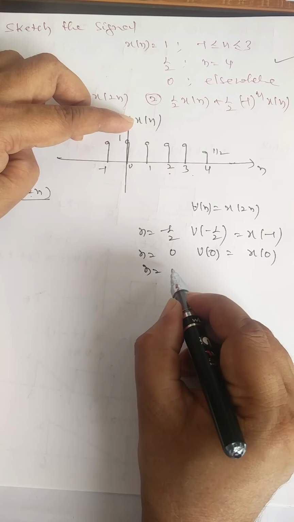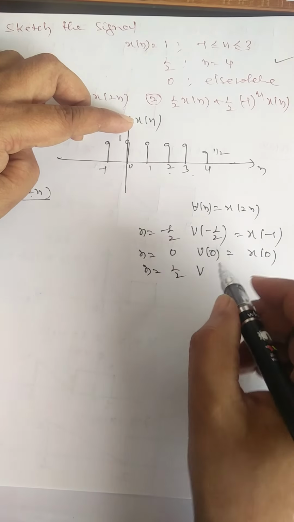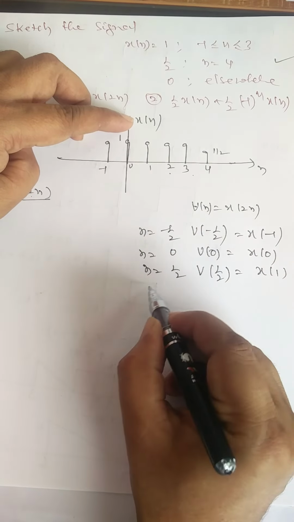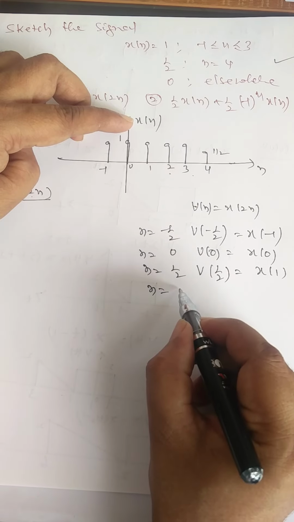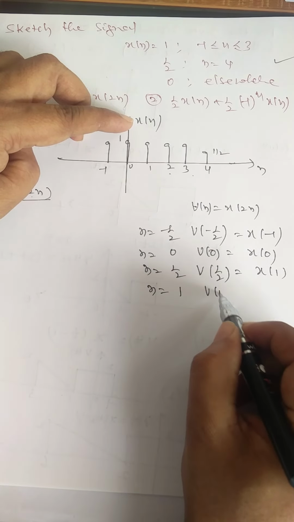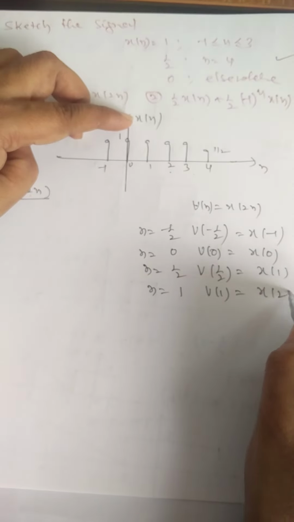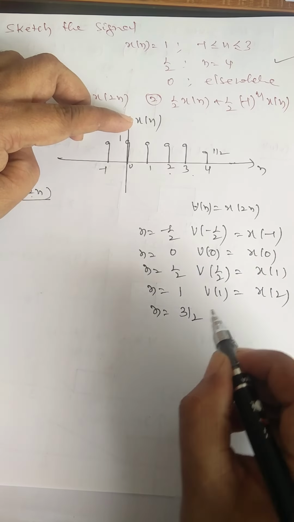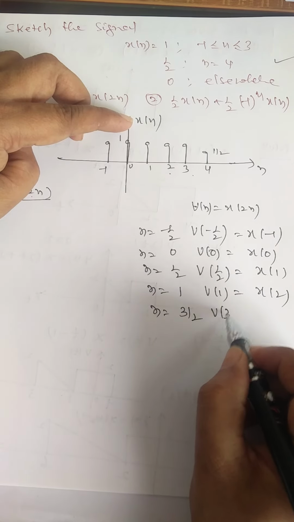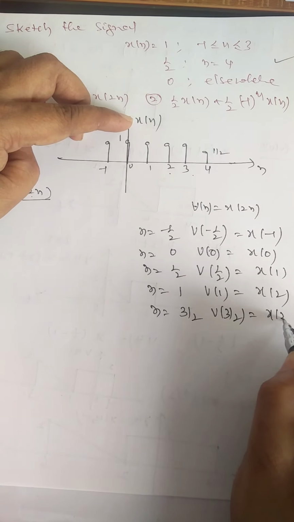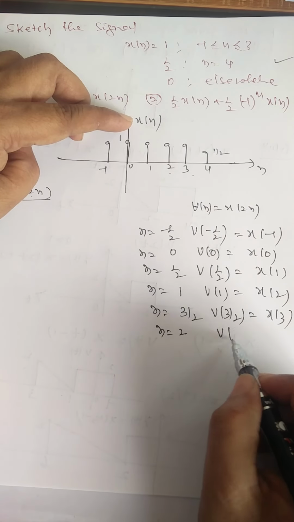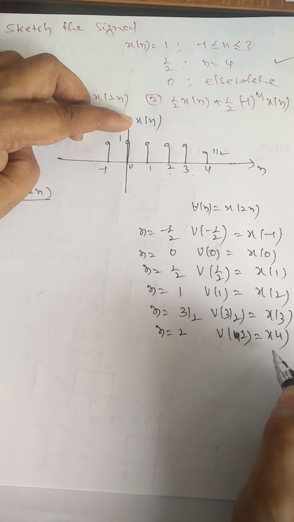When n is equal to 1 by 2, v of 1 by 2 is equal to x of 1. When n is equal to 1, v of 1 is equal to x of 2. When n is equal to 3 by 2, v of 3 by 2 is equal to x of 3. And when n is equal to 2, v of 2 is equal to x of 4.